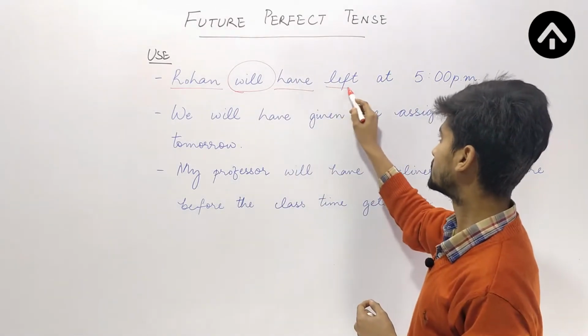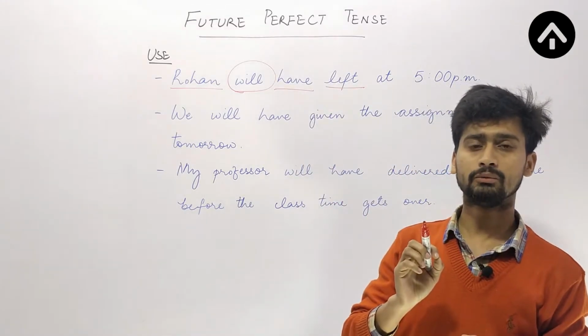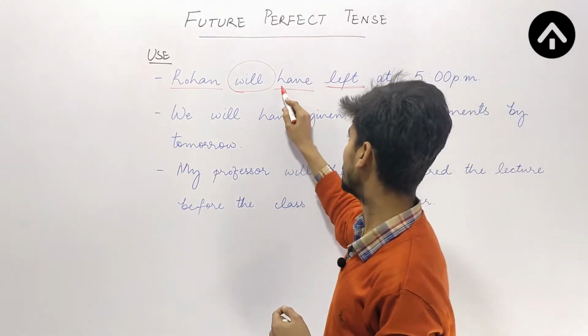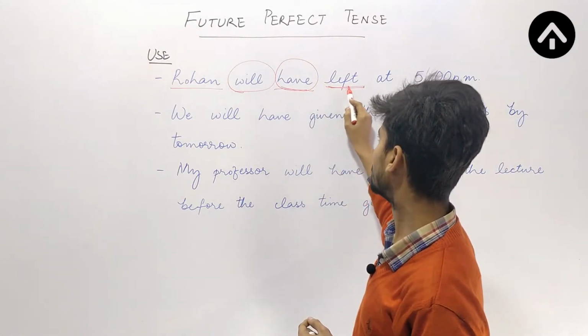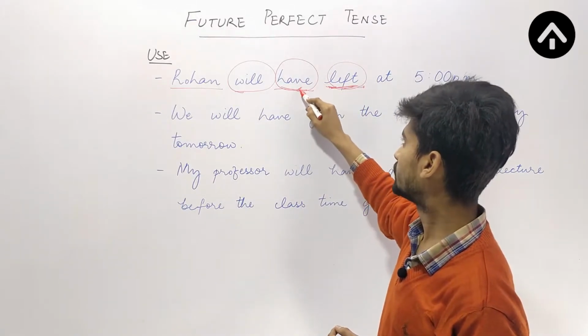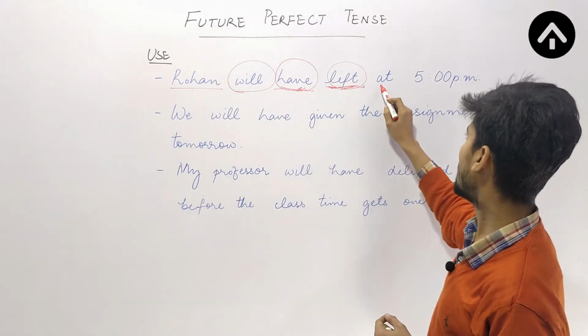So left is the third form of the word leave. The basic form of the verb is leave and its third form is left. I am using left just because of the presence of have. Rohan will have left at 5 p.m.